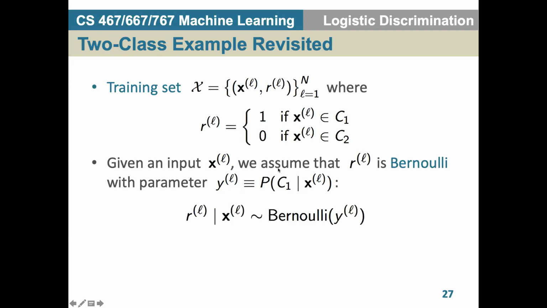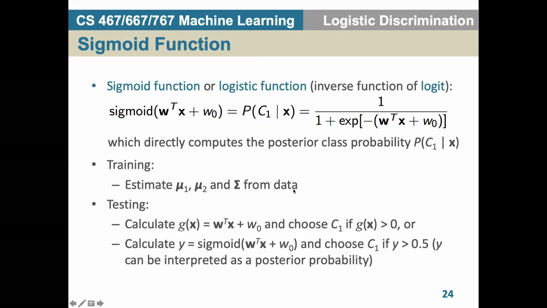So we assume that once you condition on x, this x is fixed, the probability that you belong to the positive class follows a Bernoulli distribution, where the probability is y. Here you need to pay attention. What is y? y is P(C1|x).